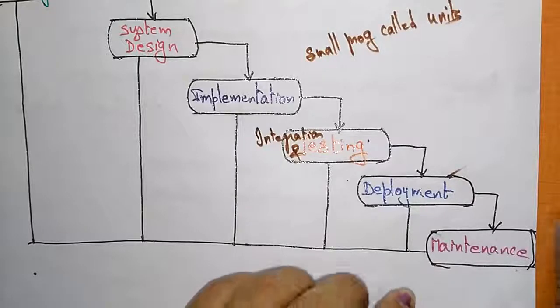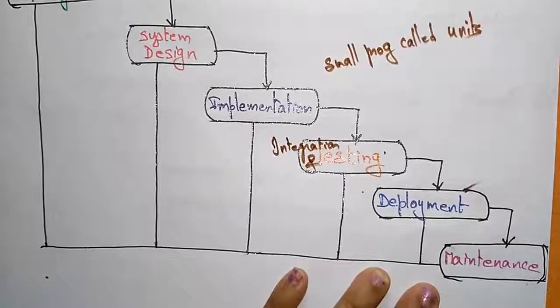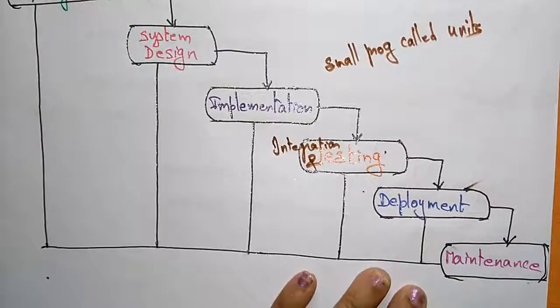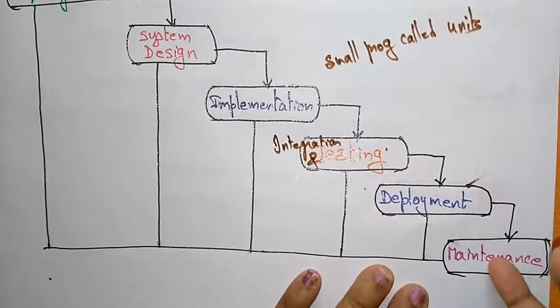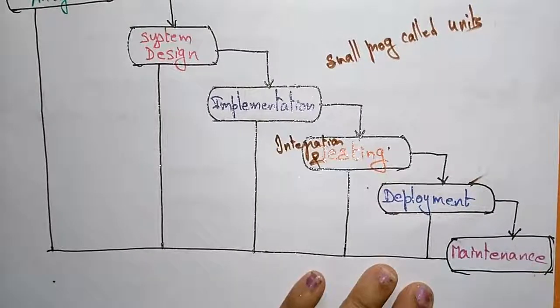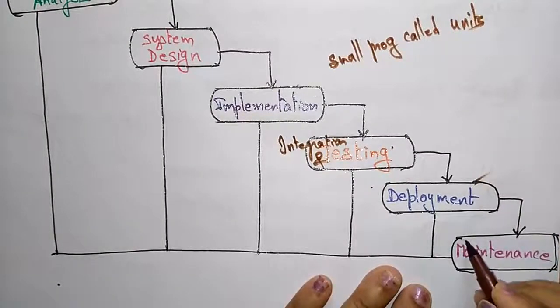Even though your project is over and your product was delivered, if any issues come up from the client environment, you have to fix those problems. And if they want any enhancement to the product, you have to add it and release it again. That stage you call maintenance.